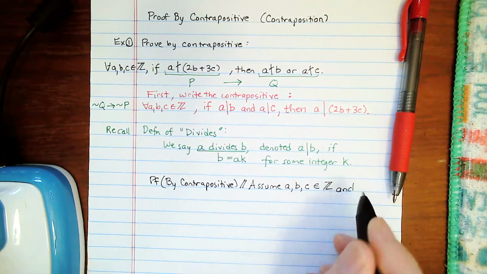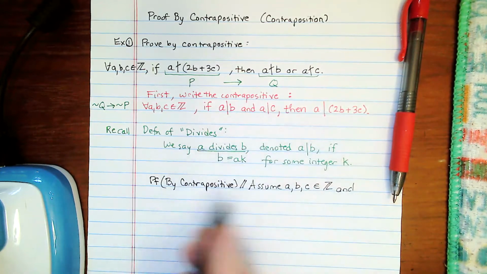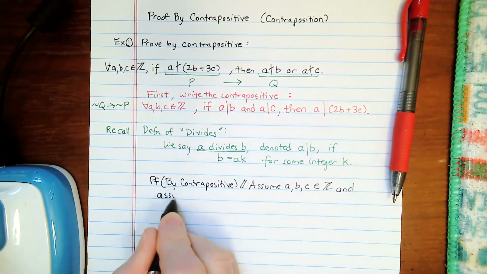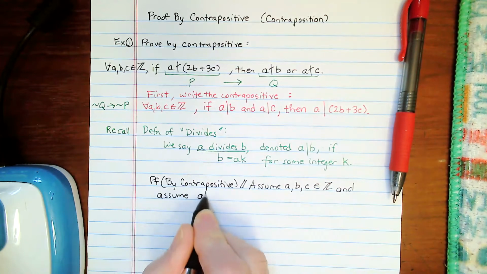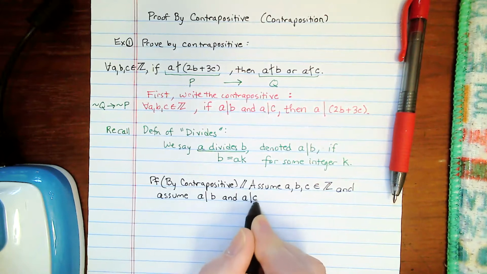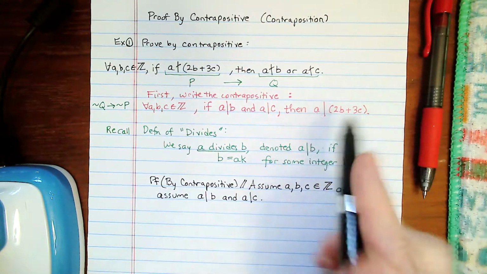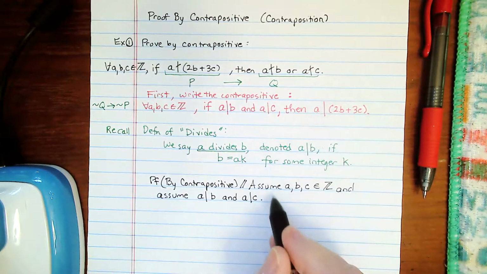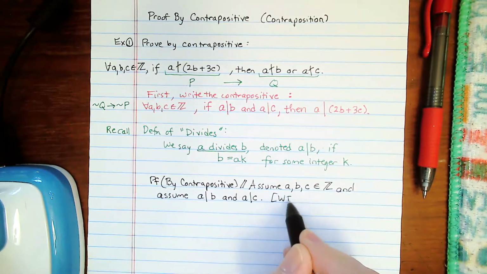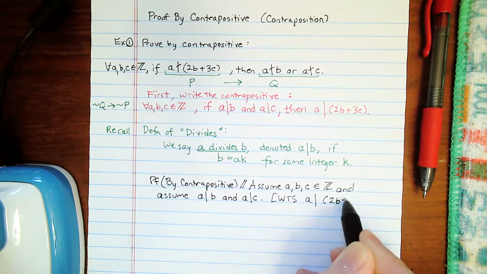And we're going to assume the hypothesis of the contrapositive. So we're going to assume a divides b and a divides c. We wish to show the conclusion that appears in the contrapositive. In other words, we wish to show that a does divide 2b plus 3c.